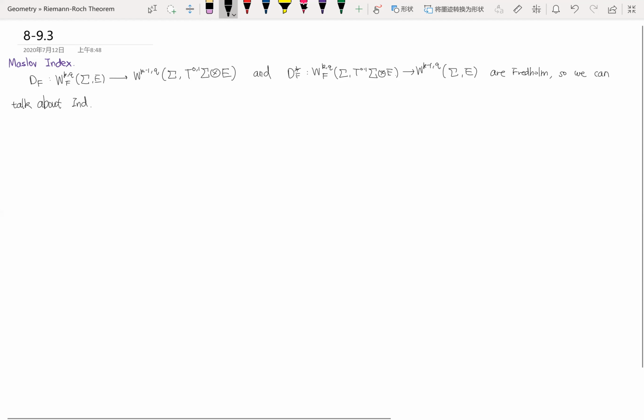But a problem is that even if we know the Fredholm index is well defined, we need to compute it. A direct way is that we need to determine the kernel of df and the co-kernel of df, which we have proved is isomorphic to the kernel of df star.